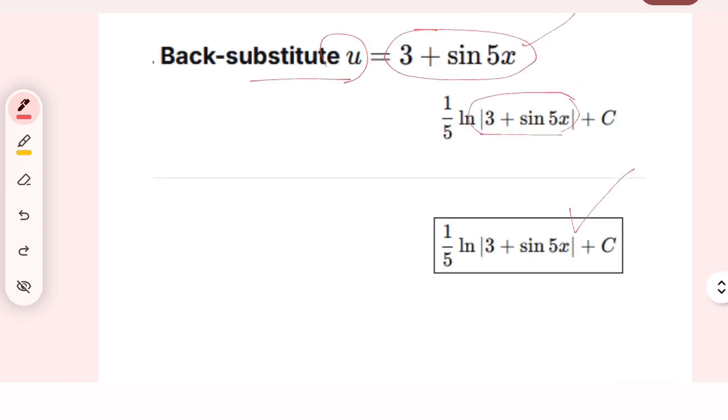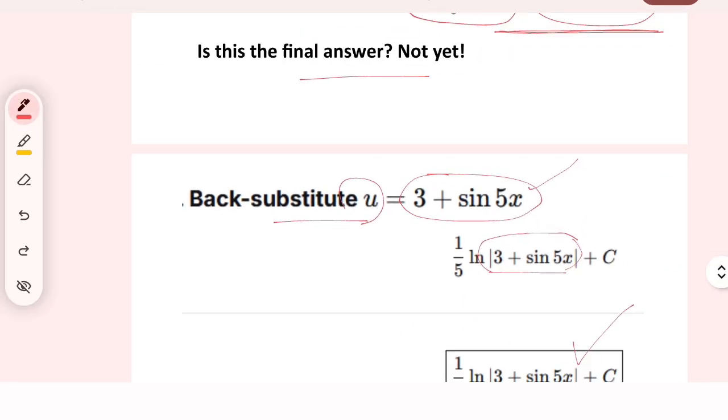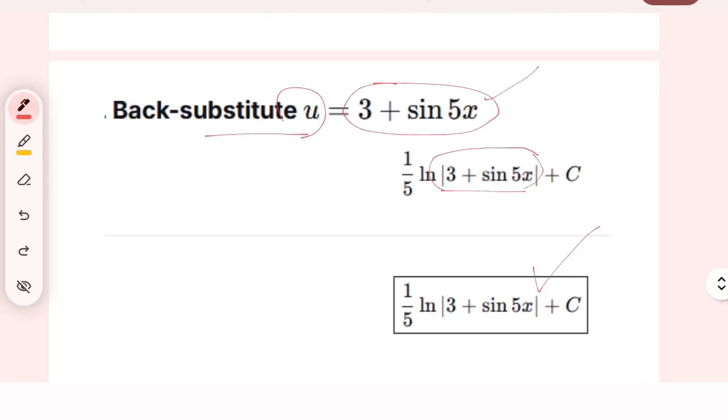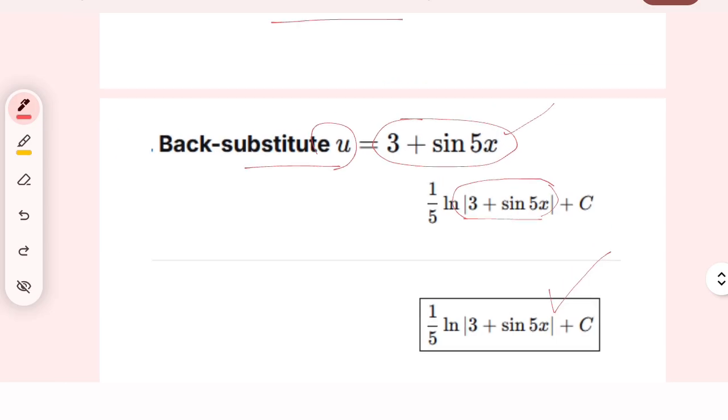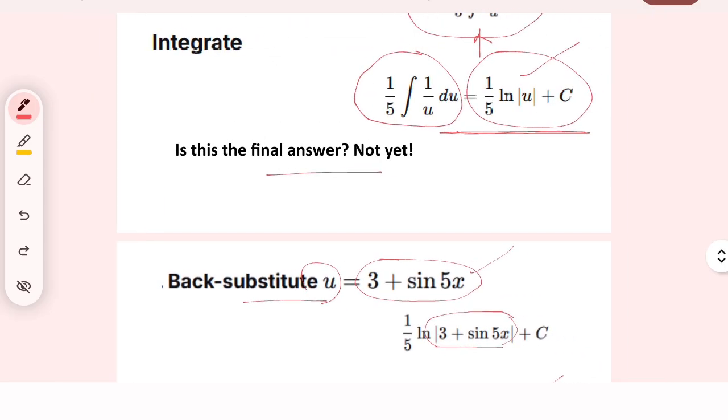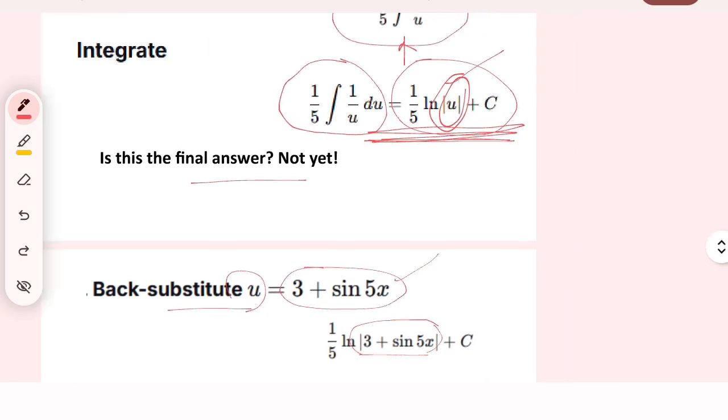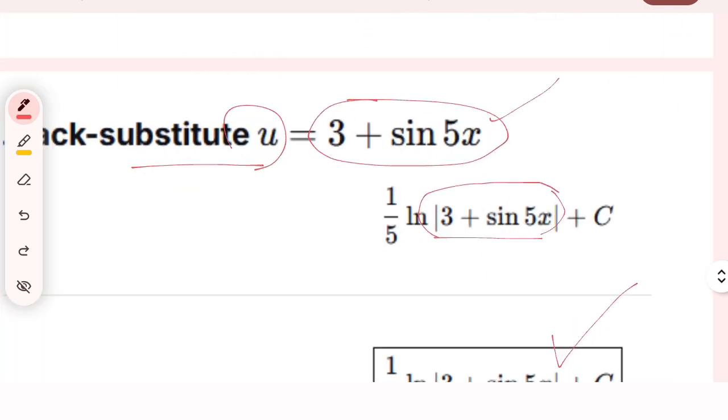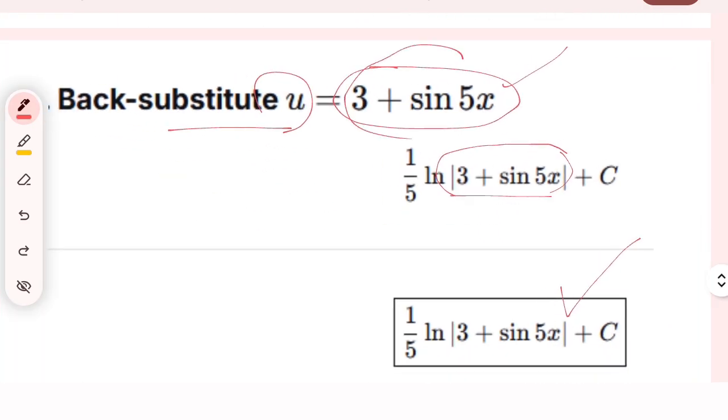And remember, once you have this answer, that is not yet the final answer because you still have u in there. Change u back. We know that u is this one. So the final answer is without the u.